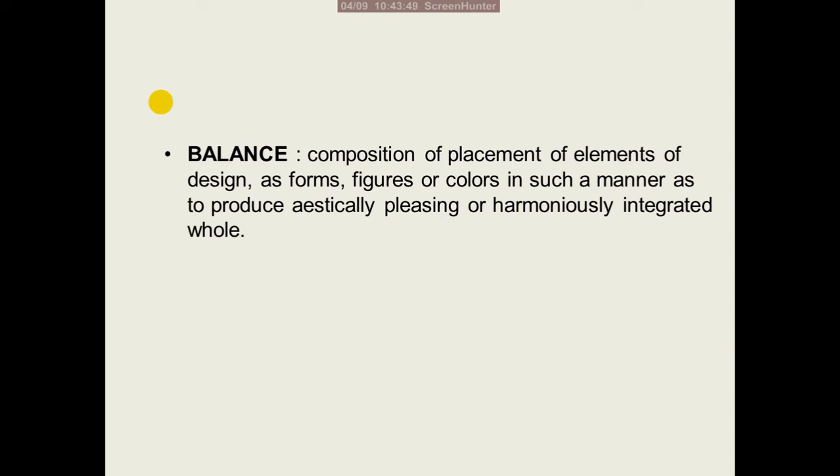That is the weight balance. Here it is a visual balance. In visual balance, we do the same thing with your forms, figures, and colors, in such a manner that you can arrange, design, or compose a harmoniously integrated whole. That is balance.